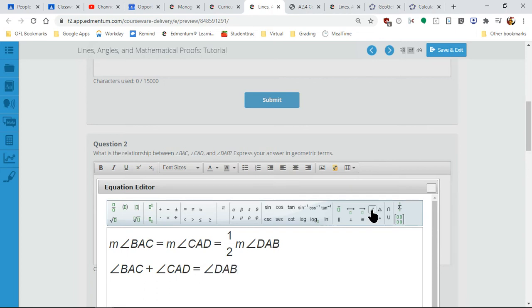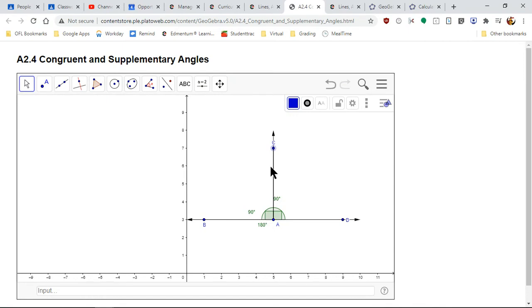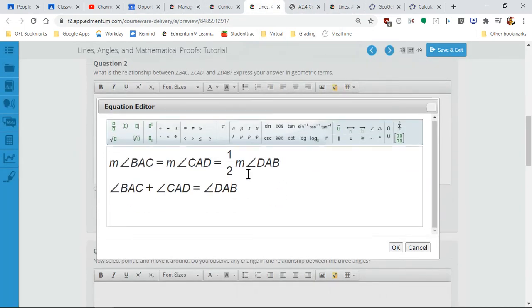I don't want to say the other thing because the angles are not the same. But I am saying this: these two angles make up this angle. And this is 100% correct, even though I'm not using the measurement, because the angles physically make it up. If you add them together, they make it up. I can't say that this angle equals this angle. I can say the measurements are equal, but this angle is completely different than this angle. Again, that's just how we think of it in geometric terms.